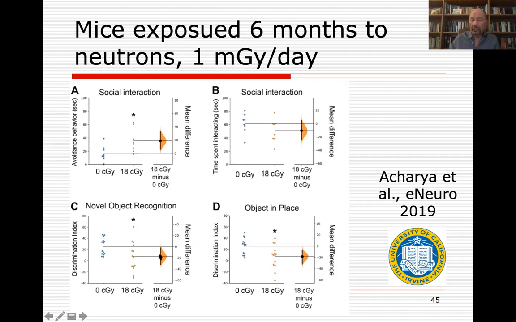Novel object recognition, you have a deficit, the famous discrimination index that we have seen previously. And object in place, the recognition is the discrimination index, but tells you where the object is, is also decreased. So even at this low dose and low dose rate, now we are essentially in the same region of the mission to Mars, it actually seems to show a significant effect.